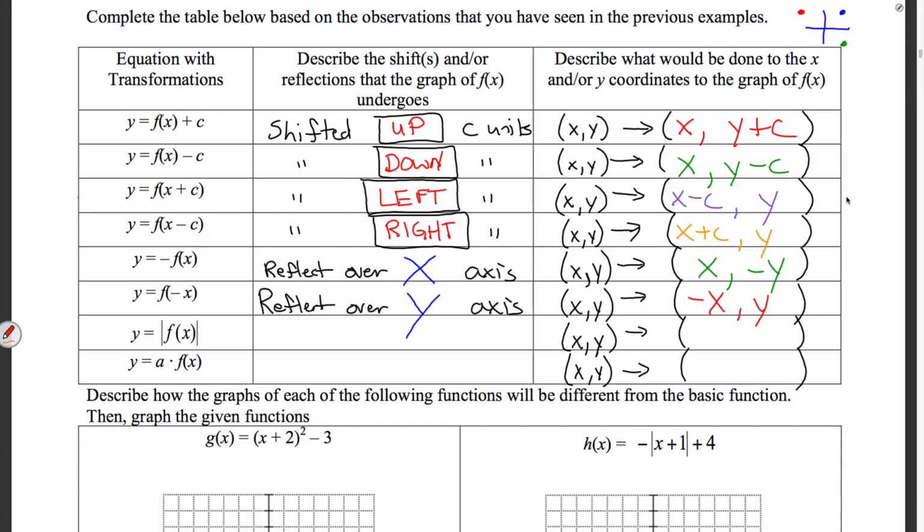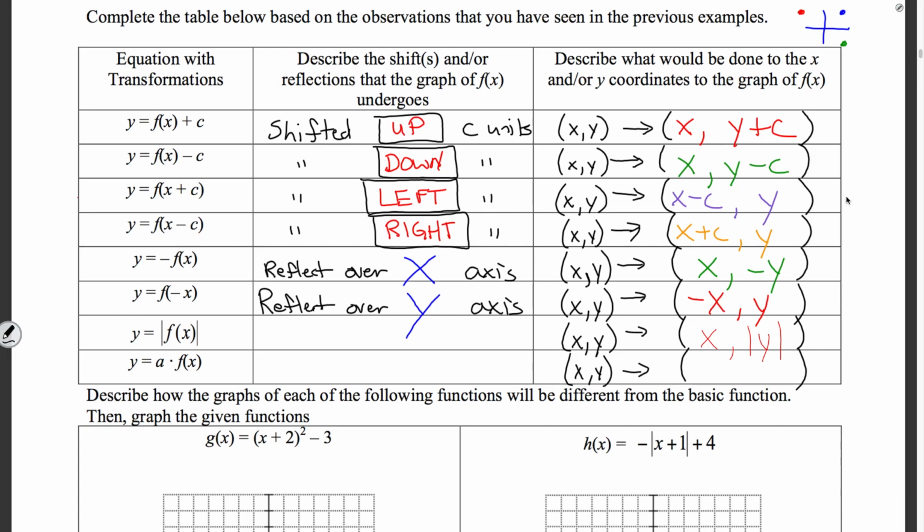Right. But what is f of x equal? What is f of x? It's the y. So it's the absolute value of y. So this is going to be x, comma, absolute value of y. Okay, and so what's that actually going to do to the points?